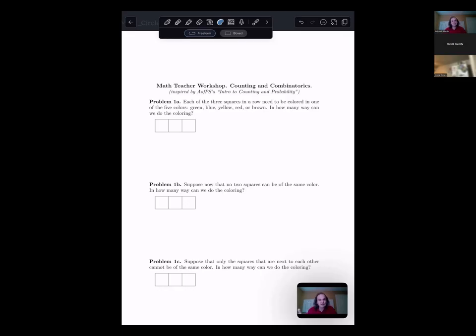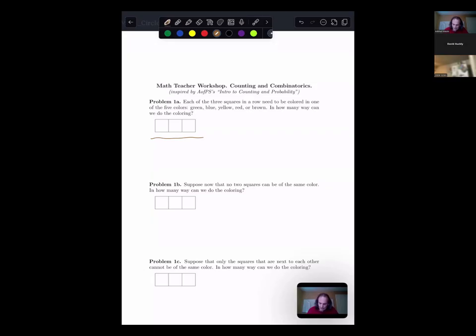Anyways, let's start. Let's do some math. Let's do some combinatorics. Once again, we are going to be counting ways to do various things. Let's start with the first problem. We have three squares, and we have five colors: green, blue, yellow, red, and brown.